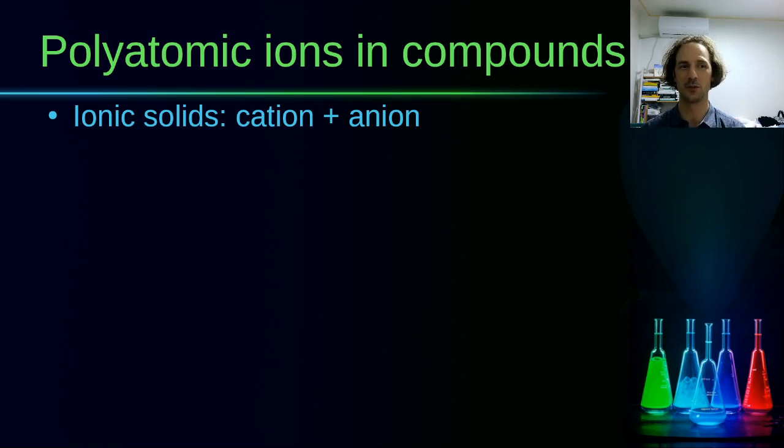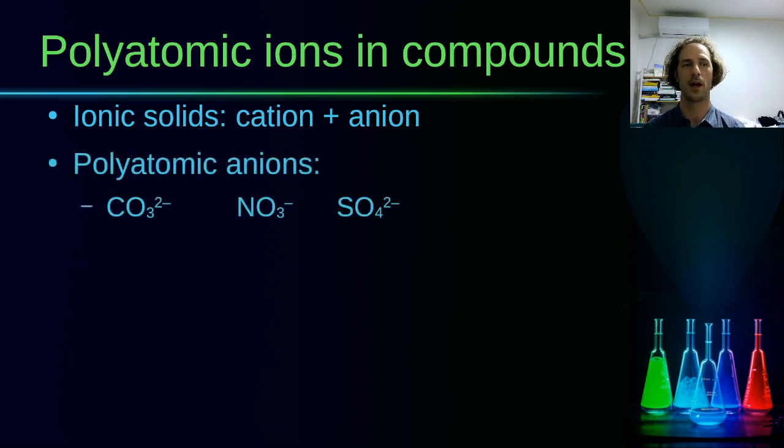So polyatomic ions will exist in ionic solids where cations and anions are bound together by ionic bonds. Widely known polyatomic anions are, for example, the carbonate anion, which is CO3 2-, the nitrate anion, which is NO3-, and the sulfate anion, which is SO4 2-.